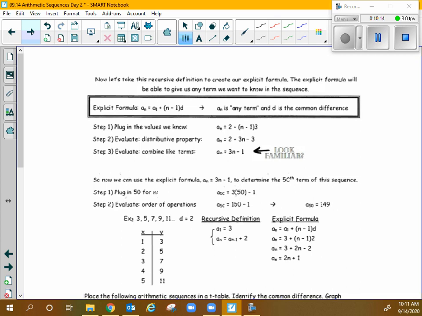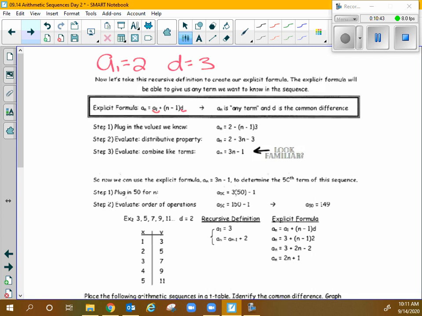I know my first term is 2. And I know that my common difference is 3. So the explicit formula says a of n equals a of 1 plus n minus 1 times d. Now, the parts of that we know are a of 1 and d, right?